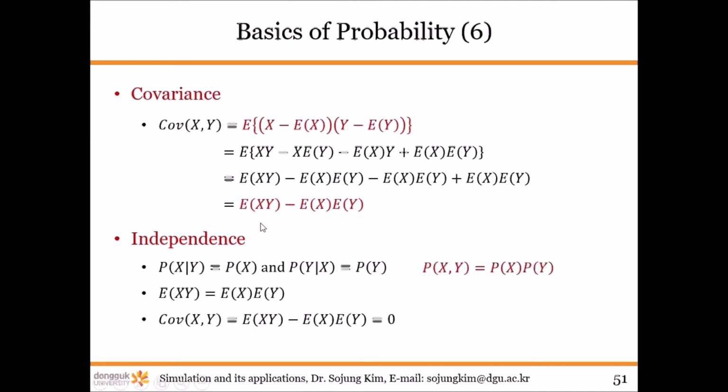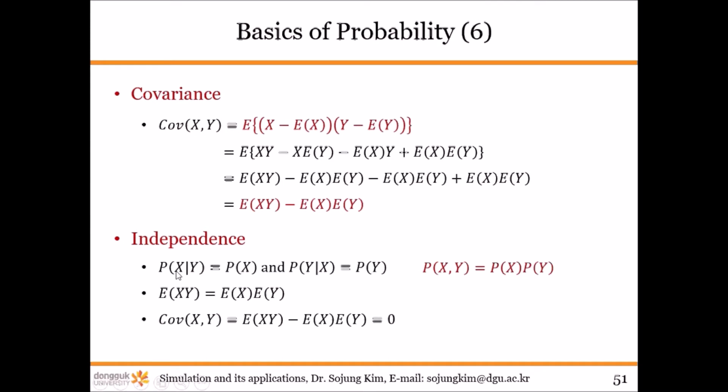Because if x and y are independent, then this E[xy] will be E[x] multiplied by E[y], so this value will be cancelled out, right? So these two terms will be cancelled out, so that's why you will get 0, right? So if covariance is 0, then the two variables are independent, right?